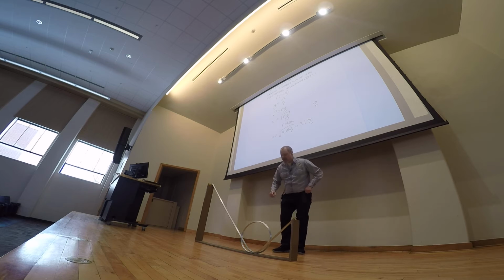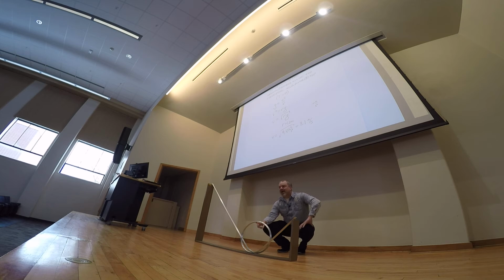In that at the top, in order for the marble not to leave the track, it must be going fast enough that it's still pushing outward, or that the track itself is pushing inward and providing some of that centripetal force. And the critical event would be gravity is just barely keeping it in place, keeping it in that circle. And any slower than that, and it should leave the track and fall out.